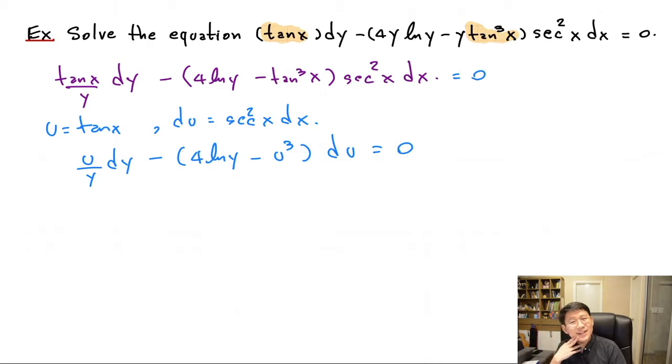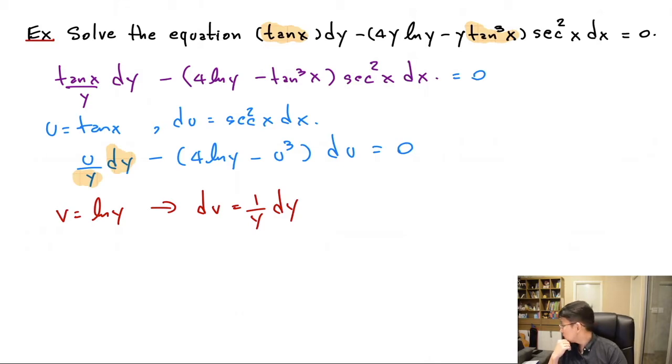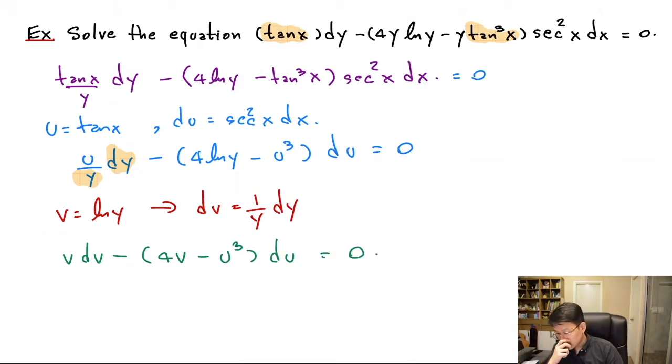That's really tempting as well. So if you let v be log y, you have that dv is 1 over y dy, which is exactly this guy. So it seems like you can write this equation in the form u dv minus 4v minus u cubed du equals 0, and that will be the form.